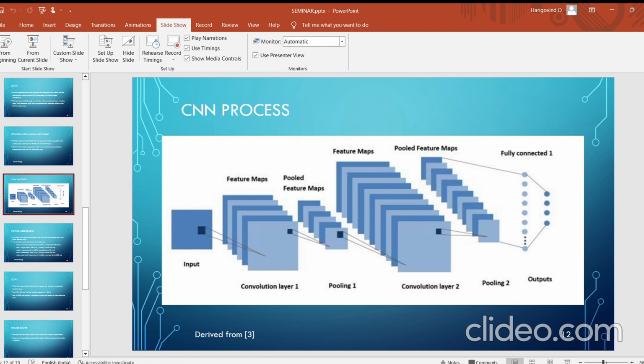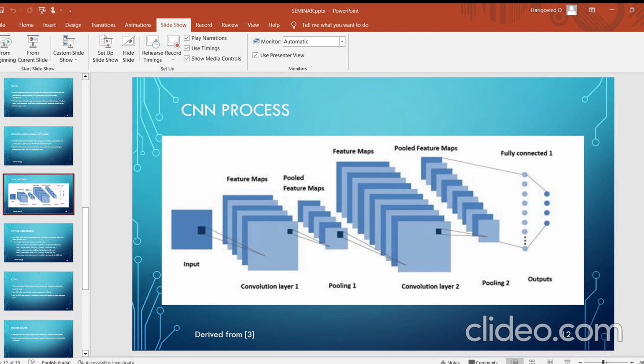The input is directly passed to a convolution layer. The input image is passed through a series of convolution layers. Each layer consists of multiple filters which are applied to different regions of the input image to extract the features. Each filter produces a map that highlights a specific aspect of the input image.